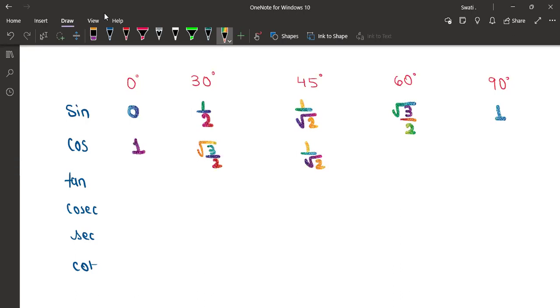Okay. 1 upon root 2. 1 upon 2. Next. 0. Very good. See, of course sine and cos were very simple. You just remembered sine and cos was automatically there. Now next is for tan. For tan also you had to remember.